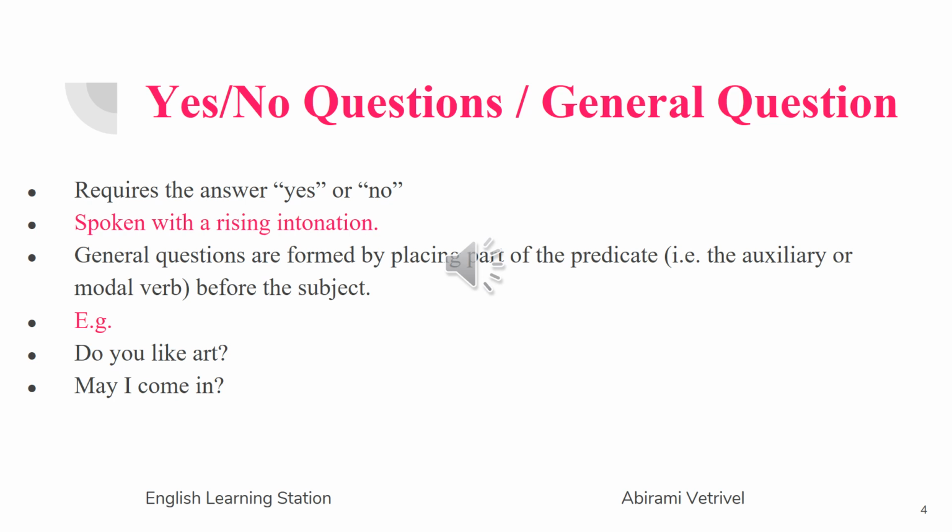For example, do you like art? May I come in? When these two questions are posed, the answer would either be yes or no. So therefore, they are called yes or no questions or general questions.